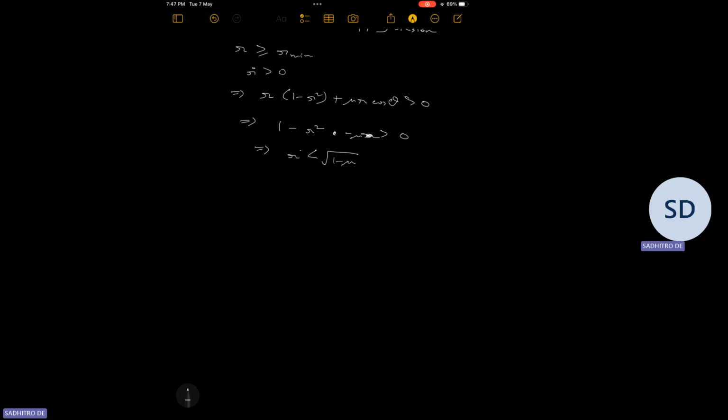So in other words, r min should be less than root over 1 minus mu.